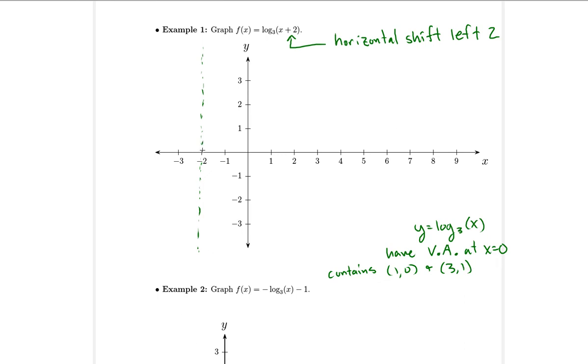So I want us to think of where our vertical asymptote is now as kind of our new 0. So when I think about it contains this point, I'm going to go over 1 from the vertical asymptote, and y will equal 0 for that point. I'm going to go over 3, 1, 2, 3 from the vertical asymptote, and y will equal 1 at that point. And then at this point, we are confident that it's got this shape to it because the base is bigger than 1, and that's what these 2 points are indicating.